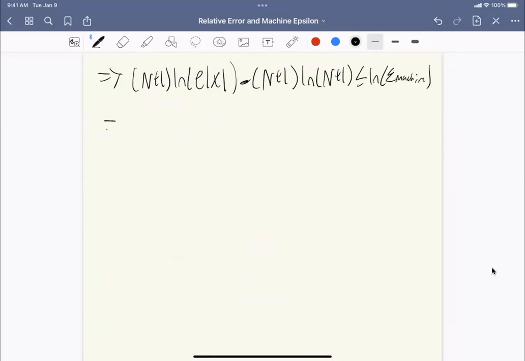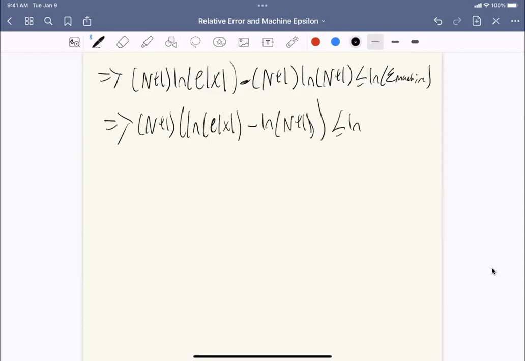And we can also distribute this out. So we have ln of e times epsilon of x minus natural log of n plus 1. Cool.